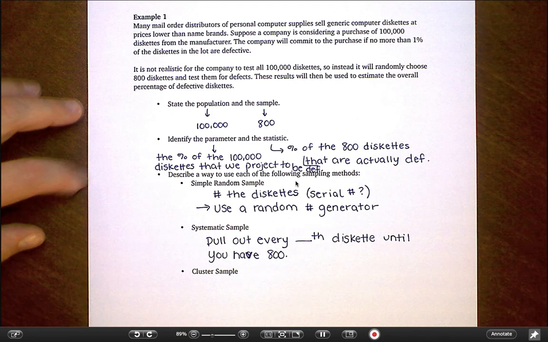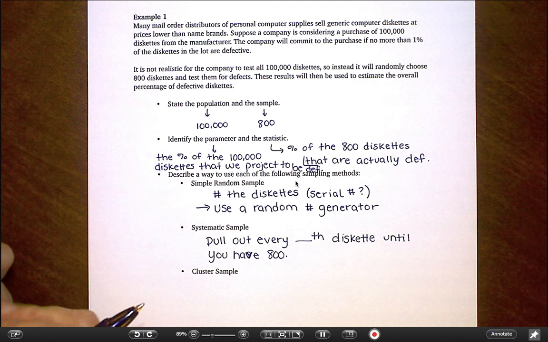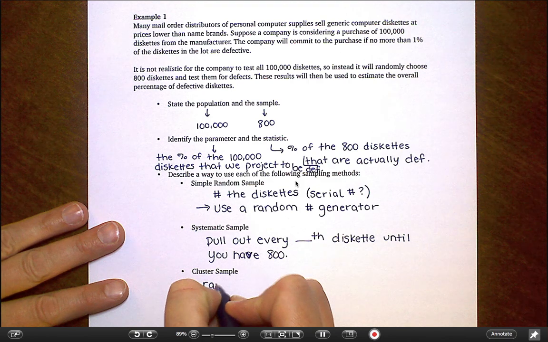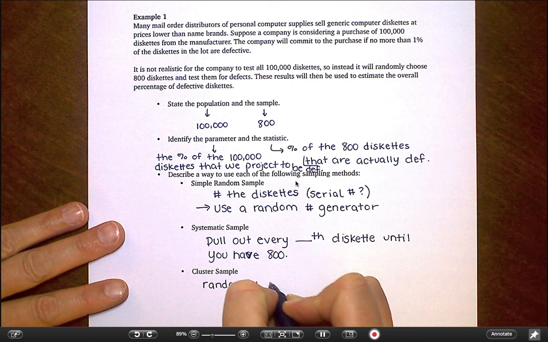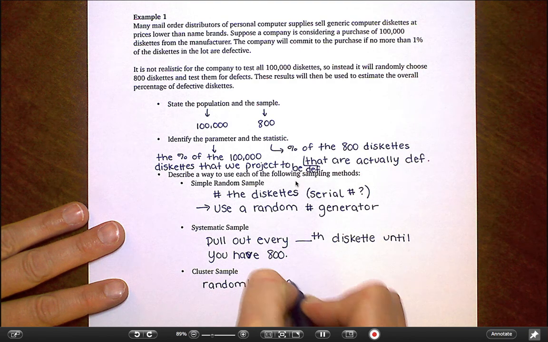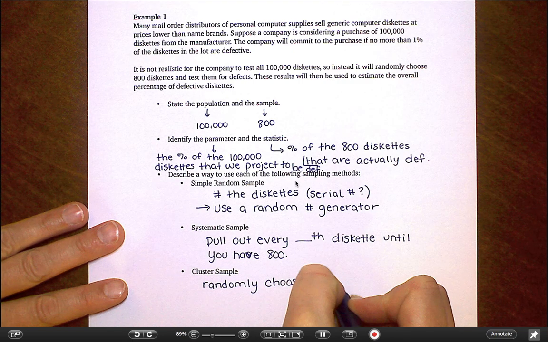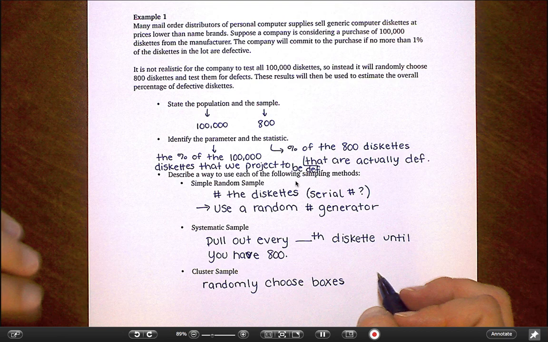A cluster sample in this scenario would probably have something to do with how they're packaged. So randomly choose boxes. I'm assuming they'd be boxed up. Let's suppose they're boxed by 100.